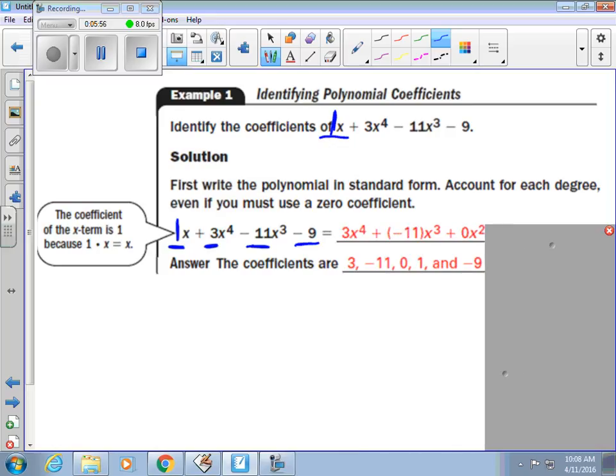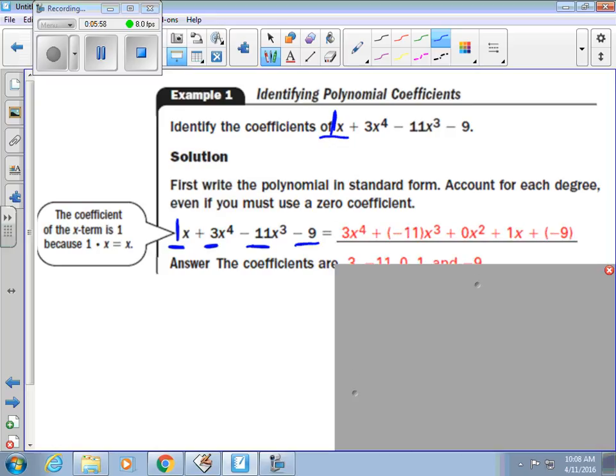So 3x, this is just rewriting it in standard form. Notice the one thing that's added in here. If it's in standard form, it goes from 4 to 3 to 1. There is no second degree. So what we included here was 0 second degrees.